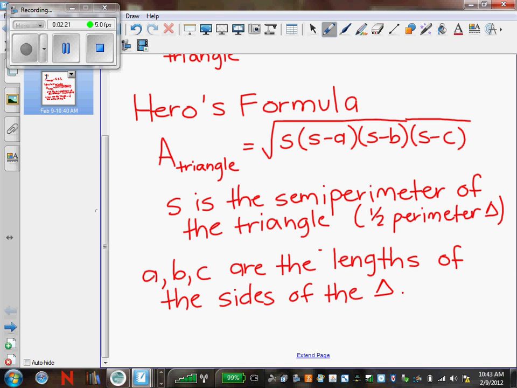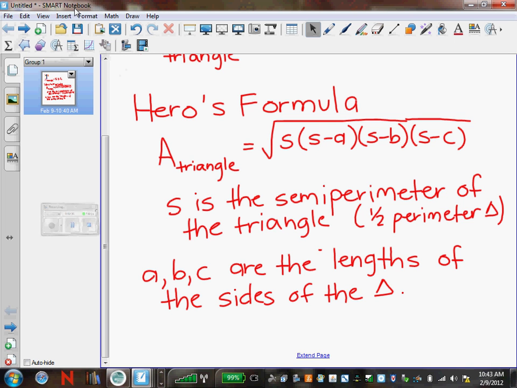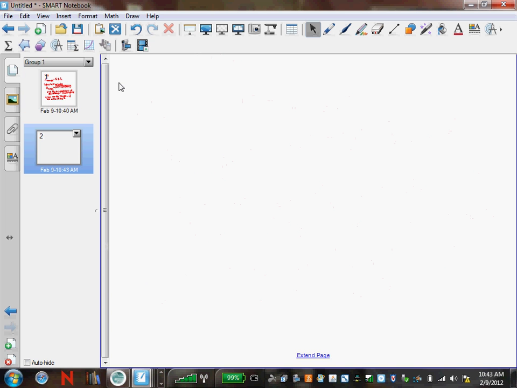Maybe we should just look at a right triangle that we're familiar with the lengths. So let's look at the right triangle that has the lengths 3, 4, and 5.